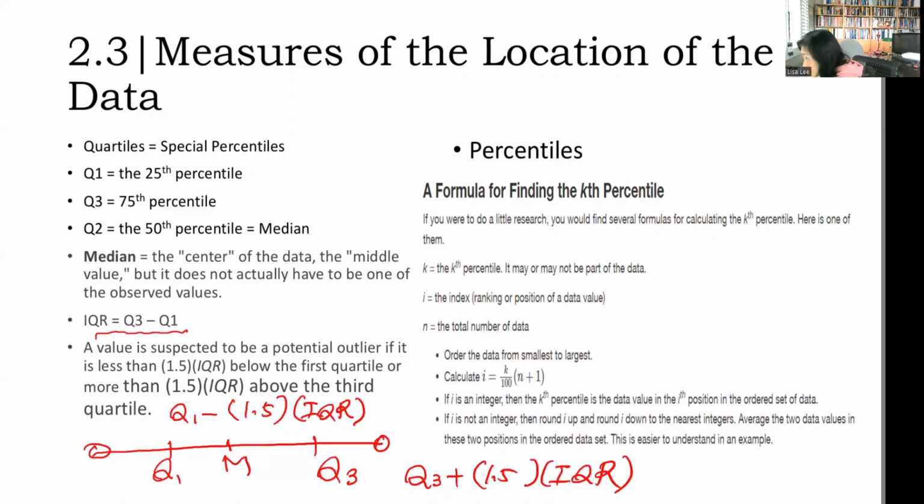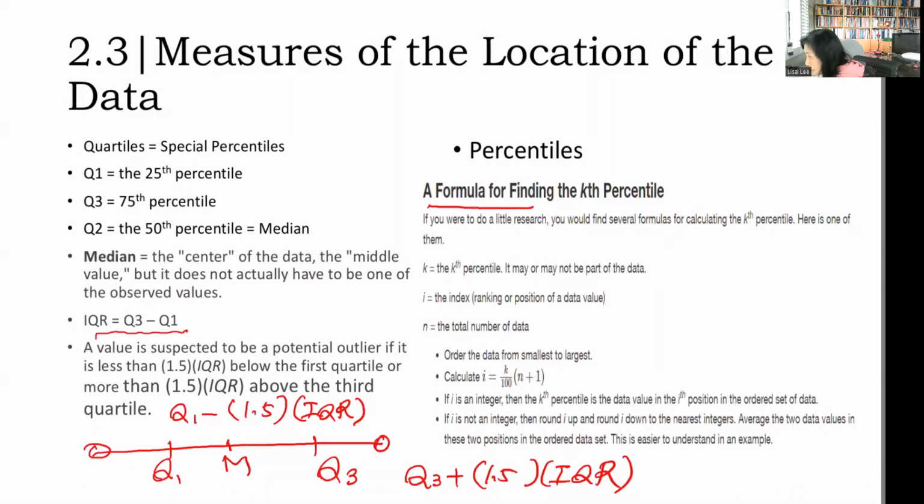On the right side here is the description of how you find the kth percentile. K represents the kth percentile, for example the 5th percentile or the 79th percentile.